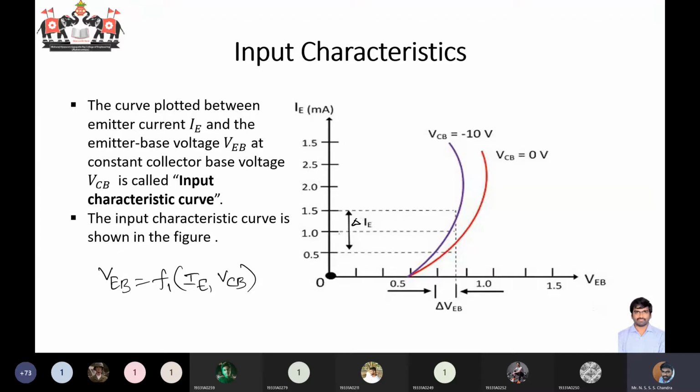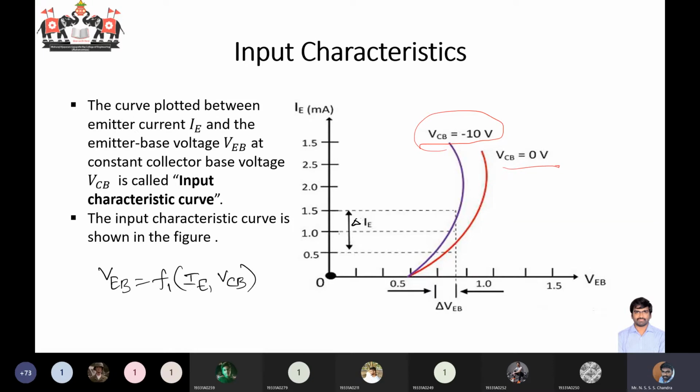VEB is a function of input current IE and output voltage VCB. When VCB is equal to 0 volts, this is the graph. For a PNP transistor, the collector base voltage is a reverse bias voltage. That's why we are writing VCB as minus 10 volts, not plus 10 volts.